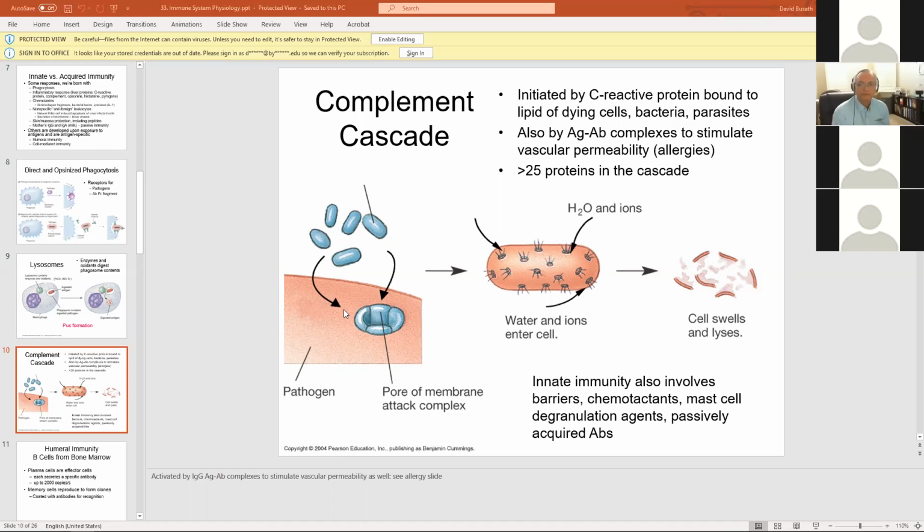It will spontaneously hydrolyze to the active form in the bloodstream, and if it doesn't find a lipopolysaccharide coat, then it just gets degraded. But if it does, it attaches and starts the whole process. So it can also look for LPS or any of those antigens that the acquired immune system is going to look for too.